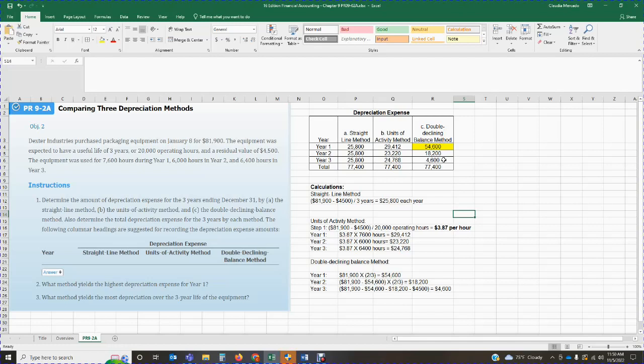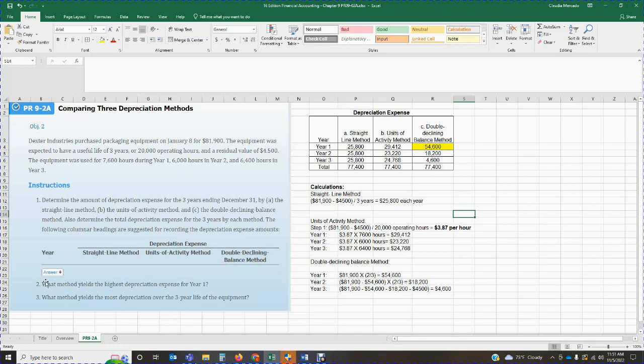So basically, let me just get my calculator here. It's calculating at a more aggressive rate the first couple of years, and then towards the last couple of years, the depreciation expense will be lower for the double declining balance.